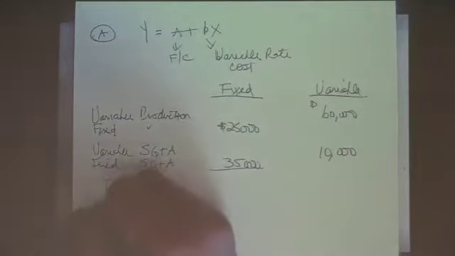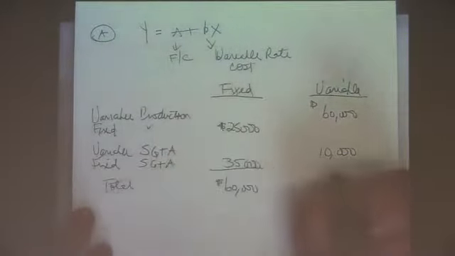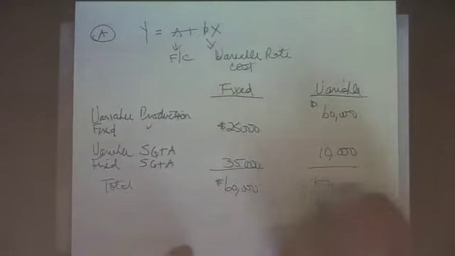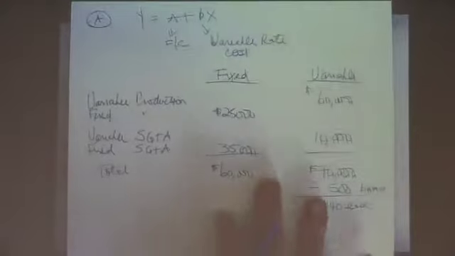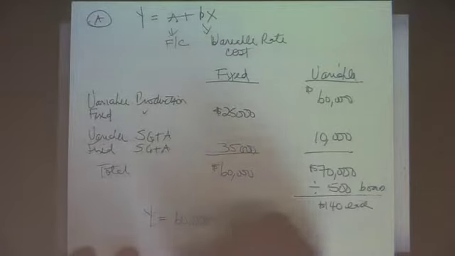So the total is 60 for fixed. This one is 70,000. Now, we're going to divide this by 500 boards to give us the variable rate of $140 each. So our cost function is really y equals 60,000 plus 140 times x.